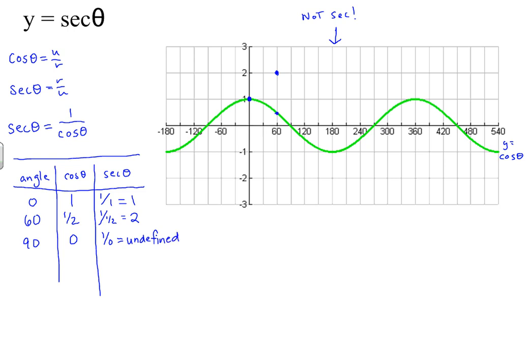As I go from 60 to 90 degrees on the cosine graph, the cosine value gets smaller and smaller. If I divide 1 by a smaller and smaller fraction, I get a bigger and bigger answer. 1 divided by 1/2 is 2. 1 divided by 1/3 is 3. 1 divided by 1/10 is 10. 1 divided by 1/100 is 100. Do you see what's happening?